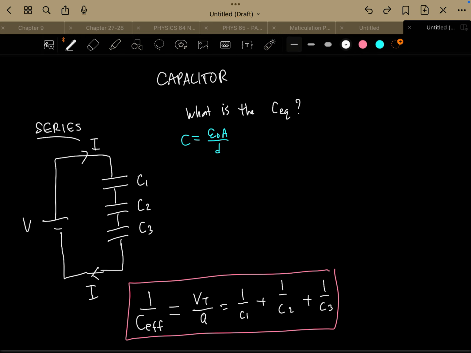So in series kita cakap the total distance is kita tambah, right? So then I can write my effective ataupun equivalent capacitance should be this 1 plus 2 plus 3.